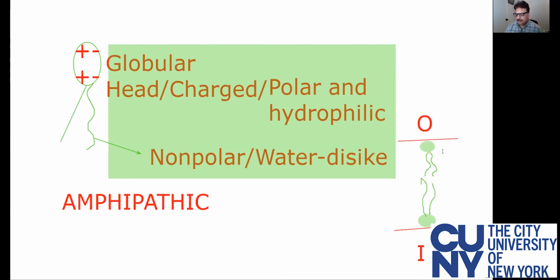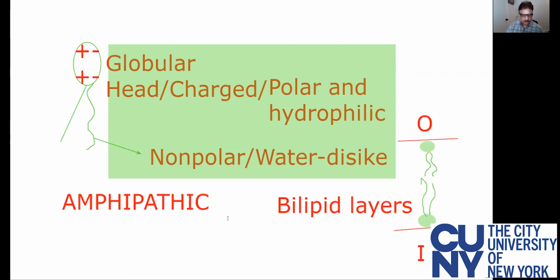So outside and inside is differentiated by the plasma membrane, which is made up of two lipid layers. Hence, the plasma membrane is called bilipid layers. This is the composition of a plasma membrane.